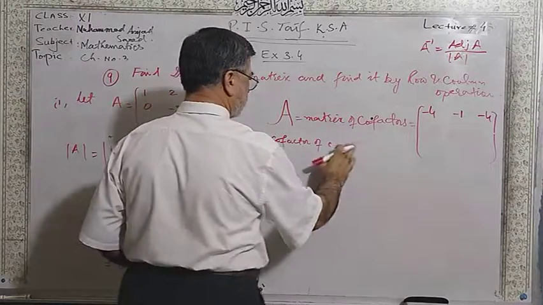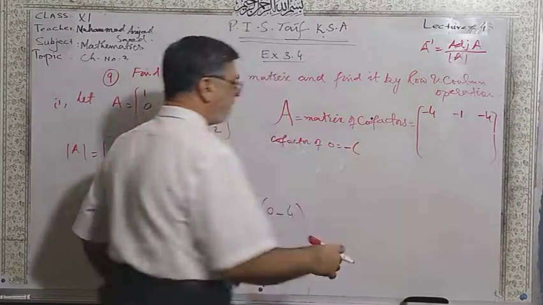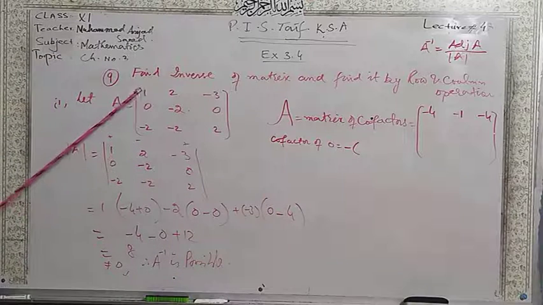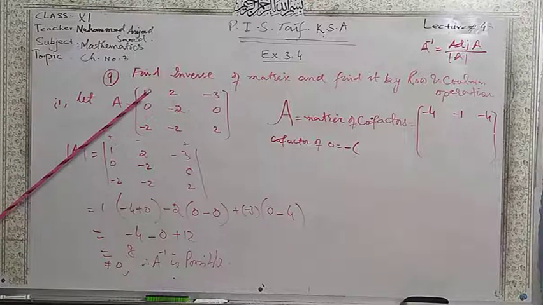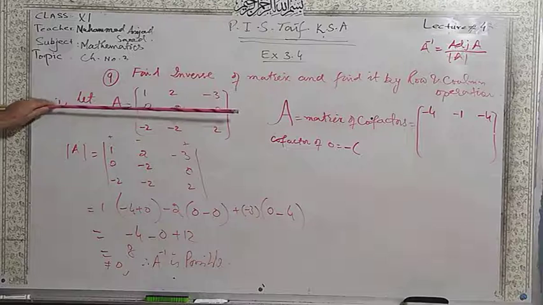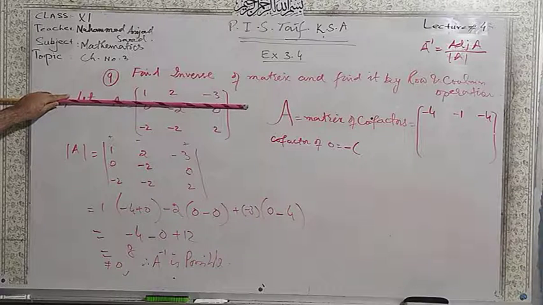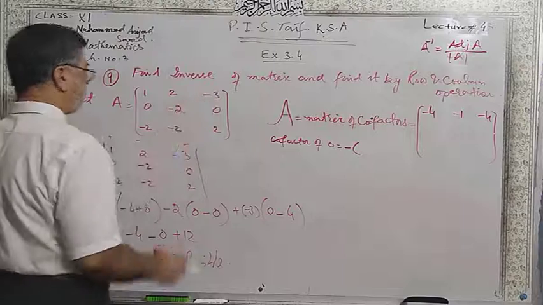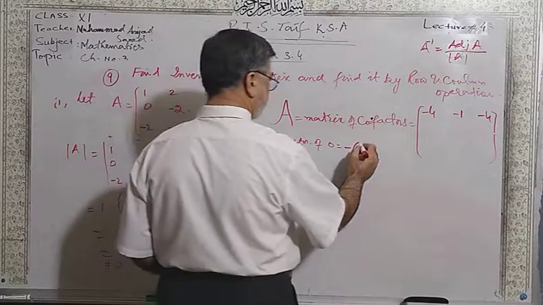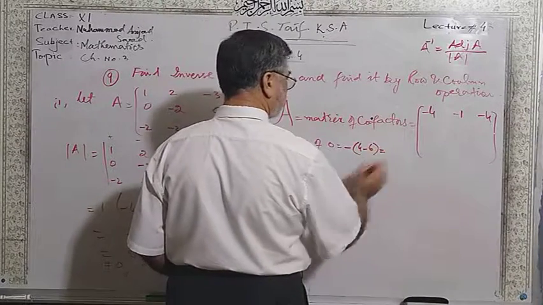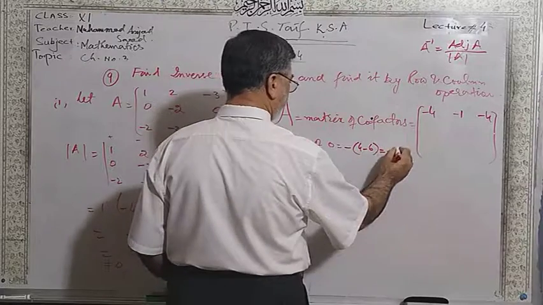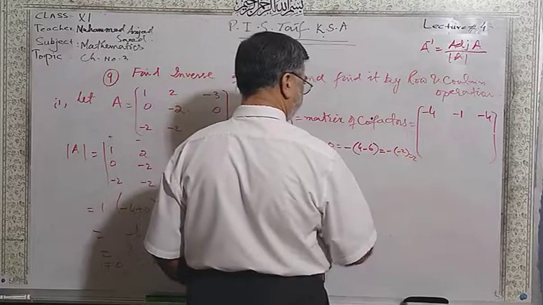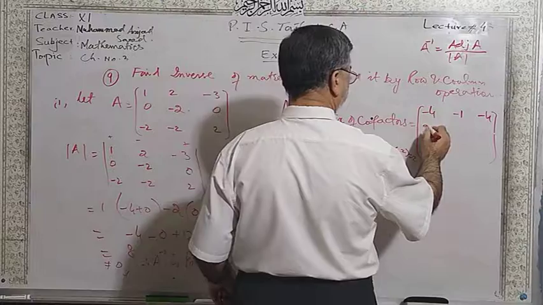This is minus. I am writing directly now. Plus, minus and minus. Remove this row of 0 and column of 0. AD minus BC. This will be 4 minus 6. That will be minus into minus 2 is 2. That will be 2.